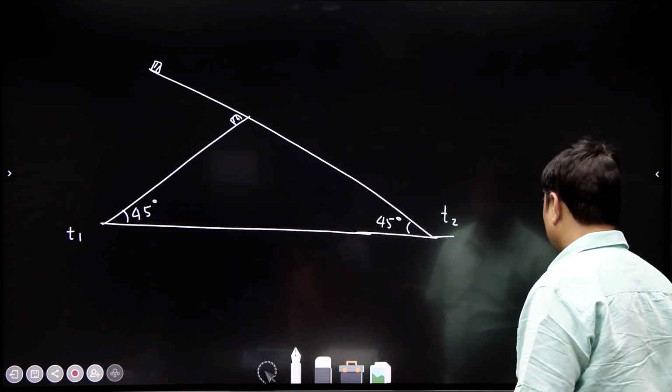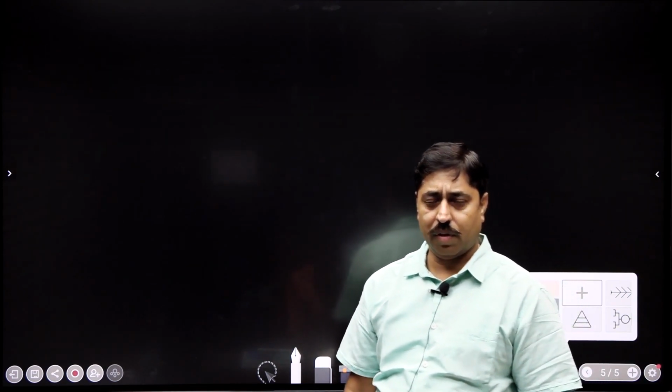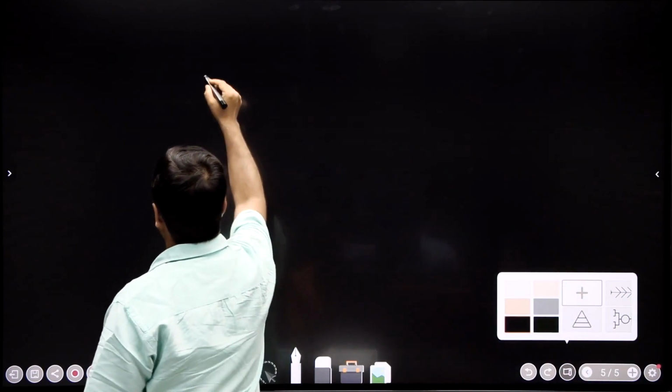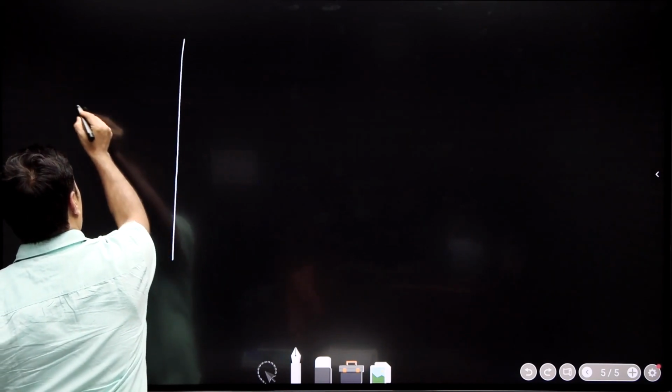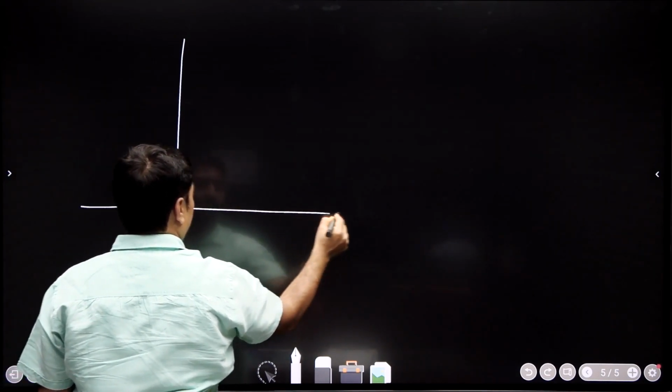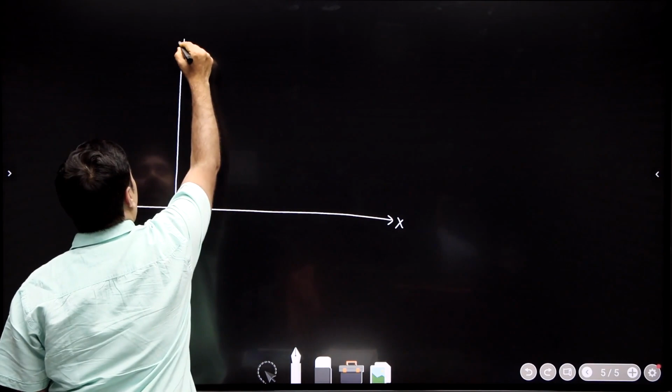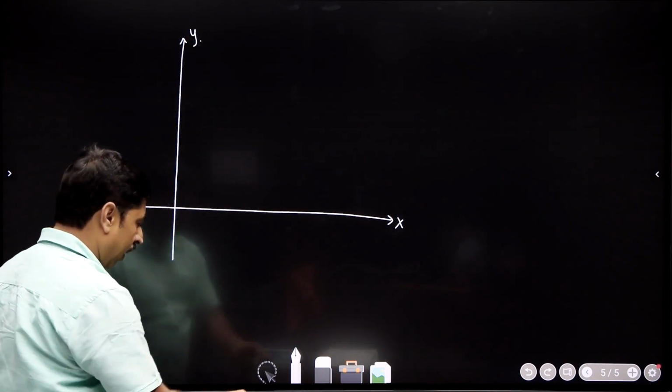Now, before I solve this question, I will give you a rather simple question. Think about it. Suppose this is x axis and this is y axis. There are two particles.